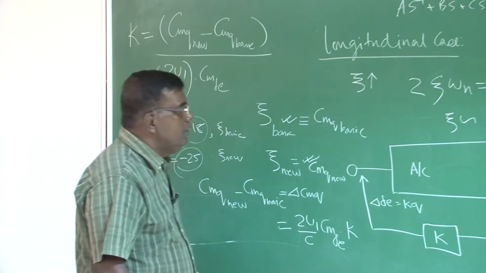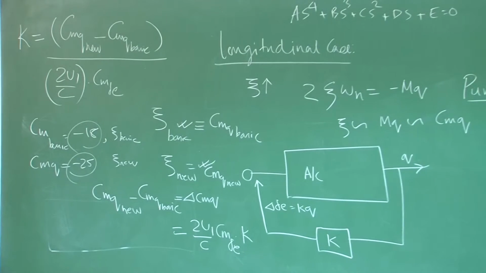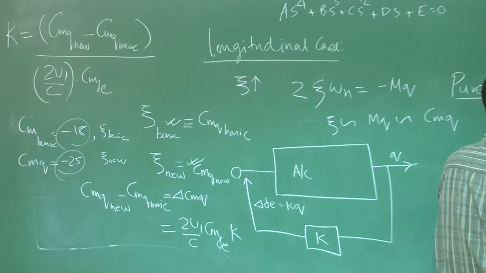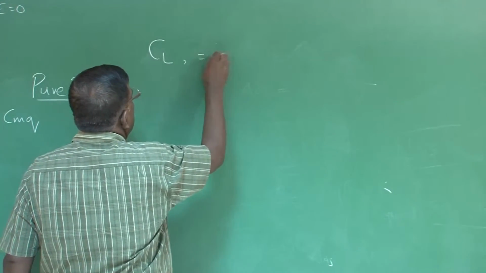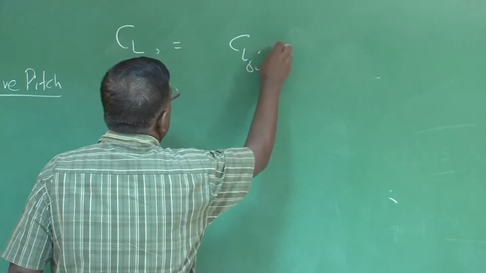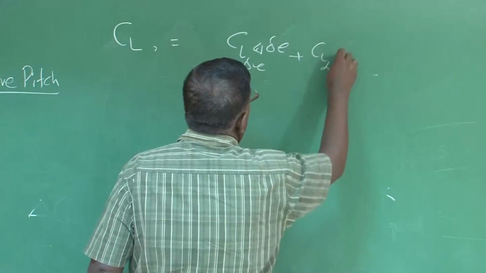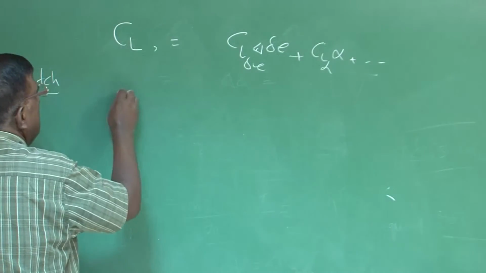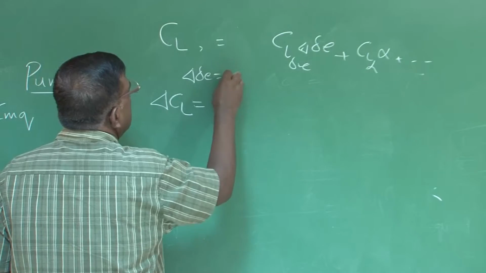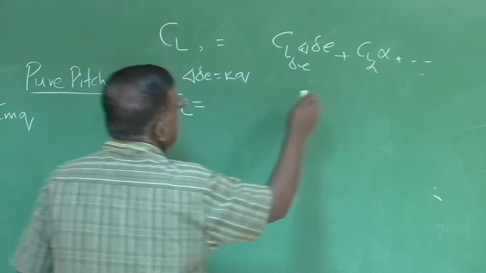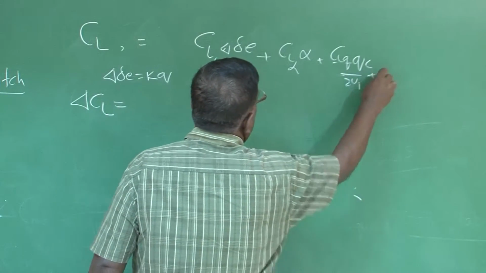But at the same time, you must also understand that as I am giving feedback on Q using a gyro, CL also has a component CL delta E into delta E, right? Like it has CL alpha into alpha, and so on. So delta CL, because of delta delta E equal to KQ, here also has CLQ into Qc by 2U1, like this all terms are there.